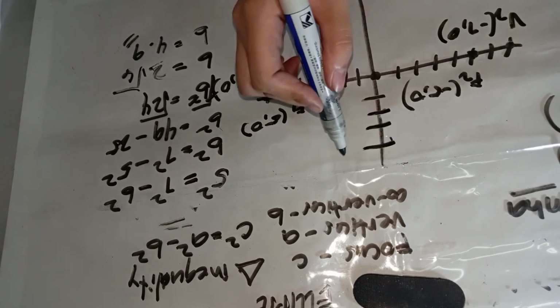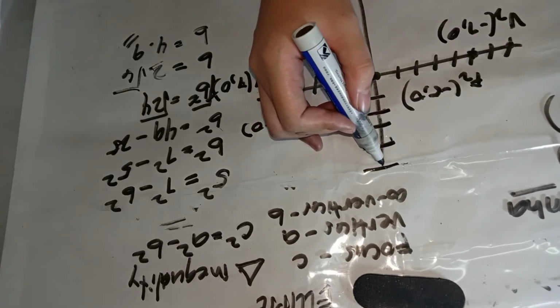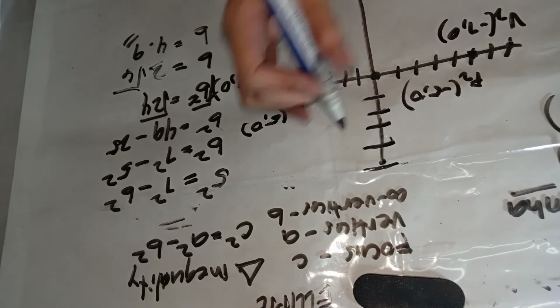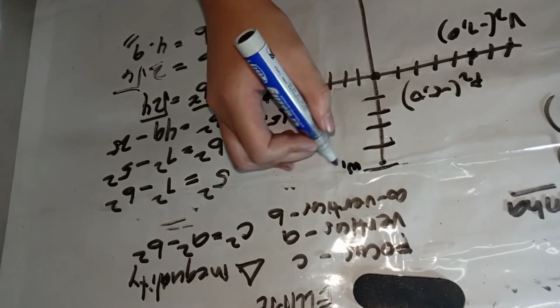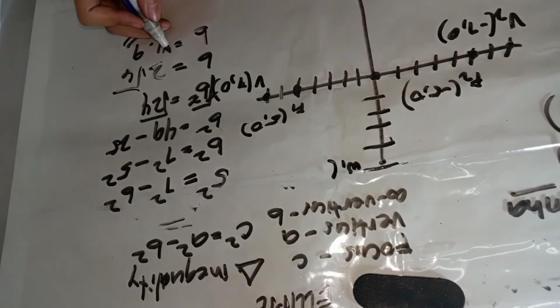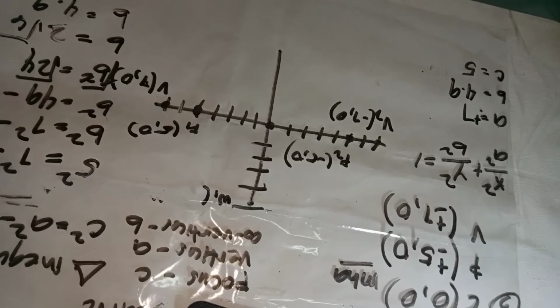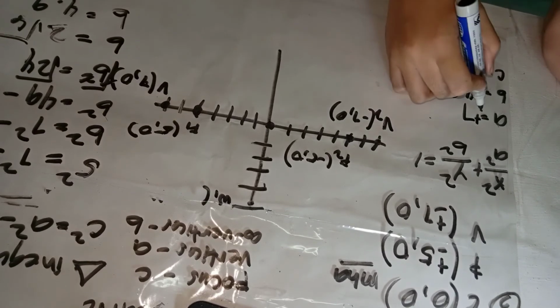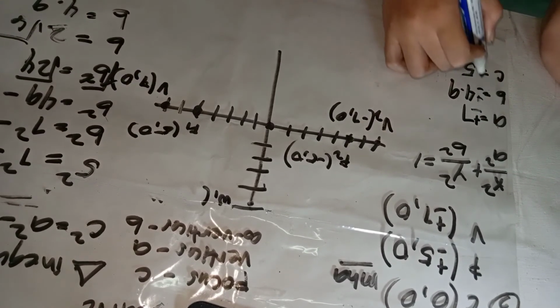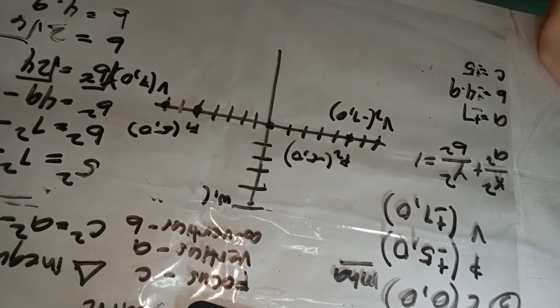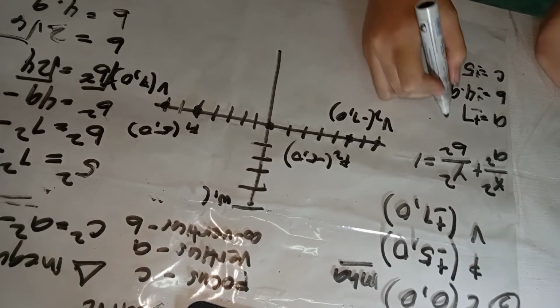So, 4.9. So, ibig sabihin malapit siya dito sa 5. So, this will be your W1. This will be positive, negative 7, positive, negative 4.9, positive, negative 5. Or kaya pwede naman siyang gawin.